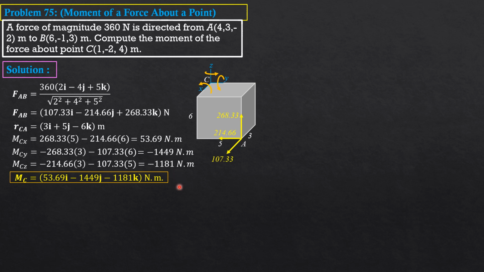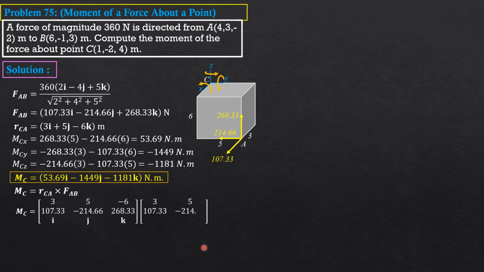That's the scalar approach. In the vector approach, RCA is already there. Then components of the force, RCA cross the force. So components of CA 3, 5, negative 6, components of the force, then unit vectors. Then we copy the elements of the first two columns.